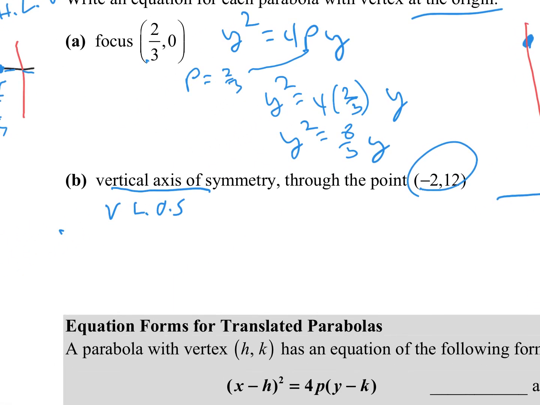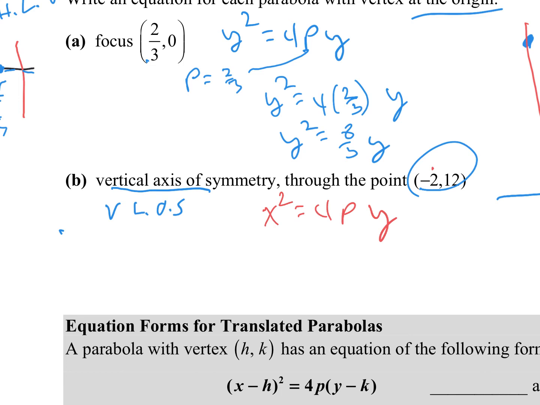Well, let's write the equation. This time I know it's x squared equals 4py. And it's so simplistic because the vertex is at the origin, remember? And so why don't I just plug in this ordered pair and see what to solve for? p is what I really need.